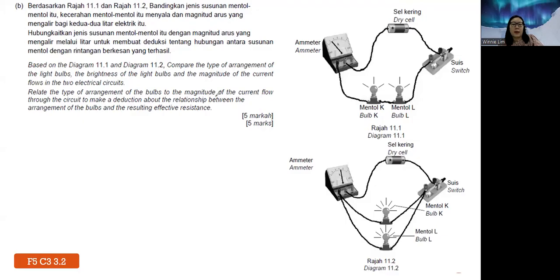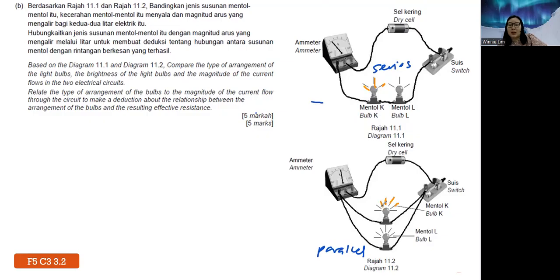Okay, so compare the arrangement. So as you can see, this is one after another, we call it as series, right? Then side by side, you call it as parallel arrangement. So you get it already by saying so. Then the brightness, okay, the brightness they show you over here, like this one, only 3 lines, this one more lines.